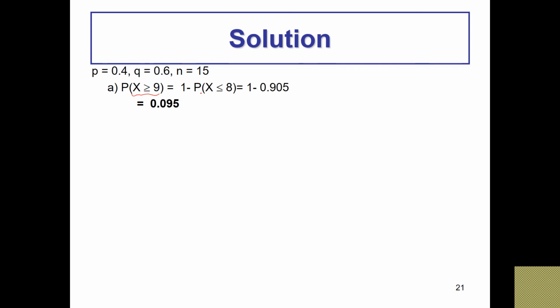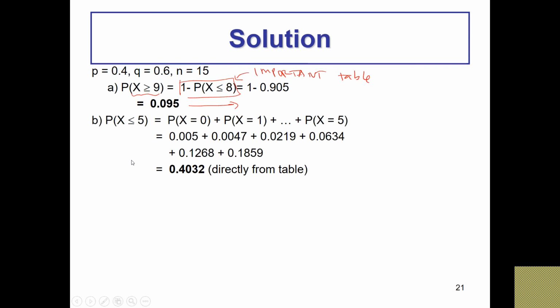So 1 minus the probability of X less than or equal to 8. Again, if you can't remember this part, please refer to the important table that we had seen earlier. Question A, 0.095.